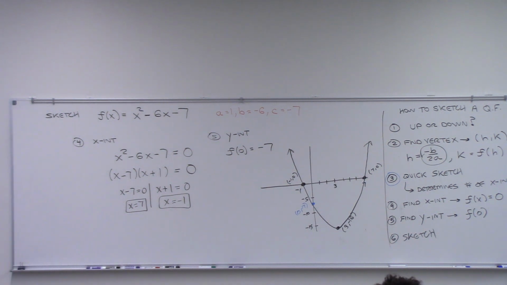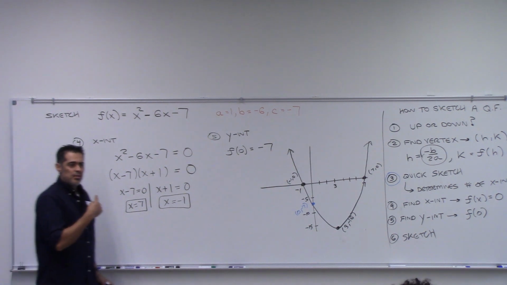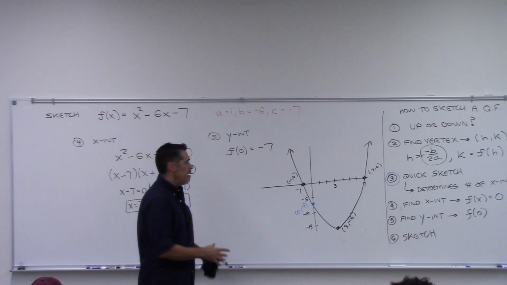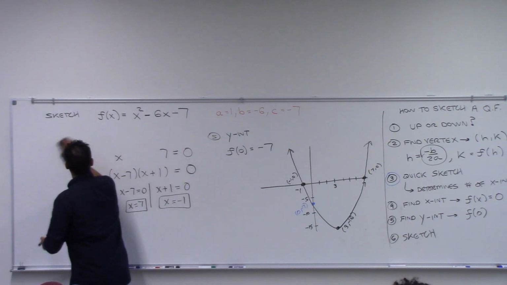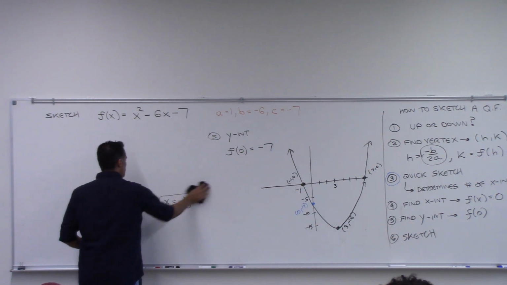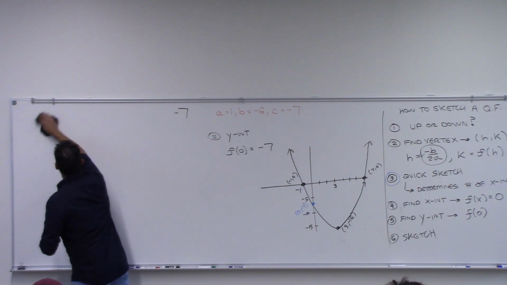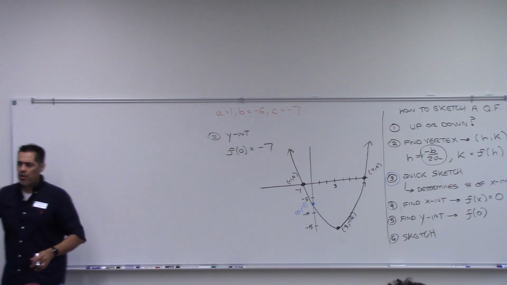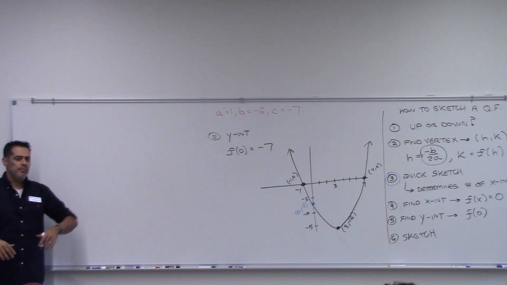Okay. So I'm almost out of time. What I want you to do for homework is the homework for 3.5, and I want you to sketch the following 2 quadratic functions. All right? I'm going to put them on the board. The 3.5 homework, do that for your own benefit.